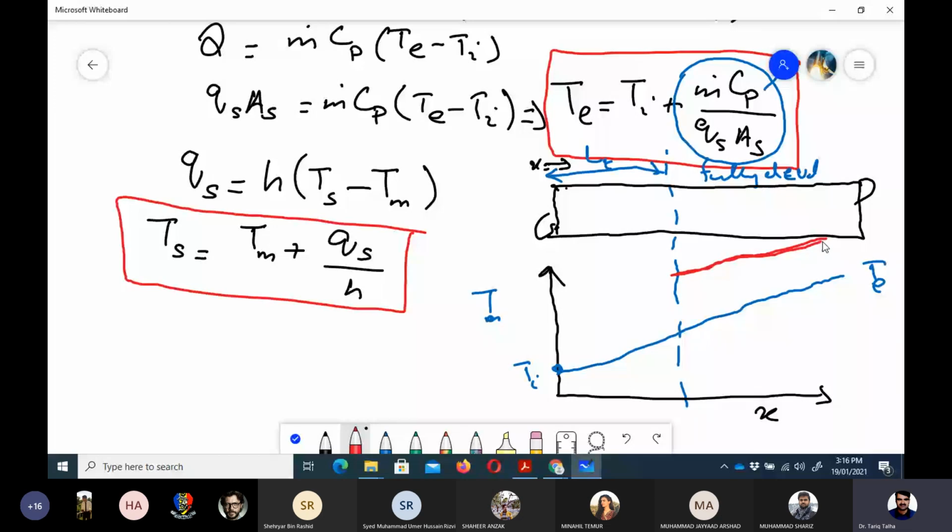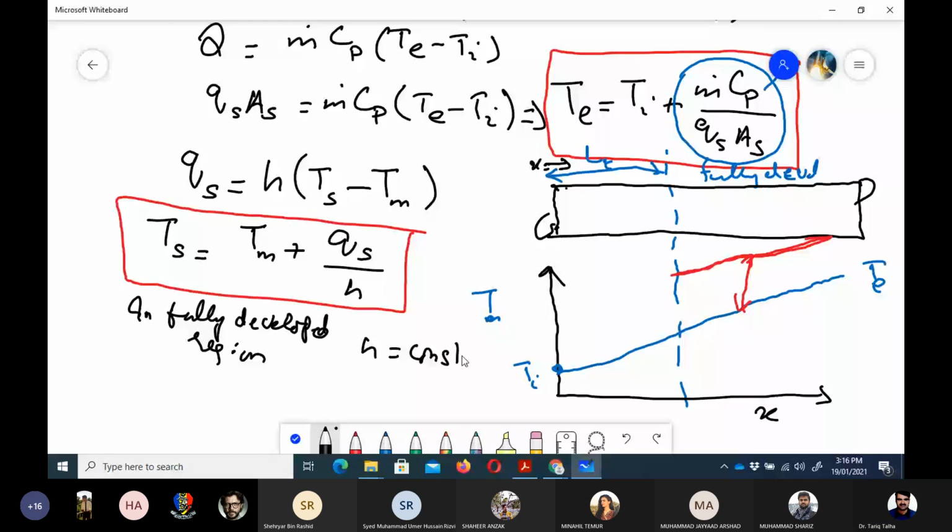So this distance is constant, and that is equal to Qs upon h, because in the fully developed region, h is constant. How do we know that?